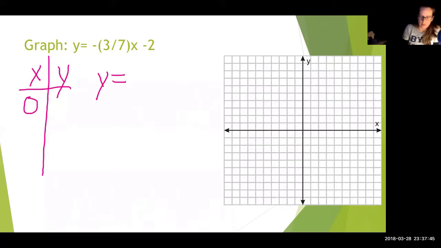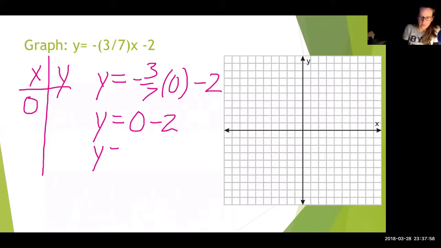So here we go. y is equal to negative 3/7 times 0 minus 2. Negative 3/7 times 0 is just 0. So y is going to be equal to negative 2. That's pretty easy. All right.